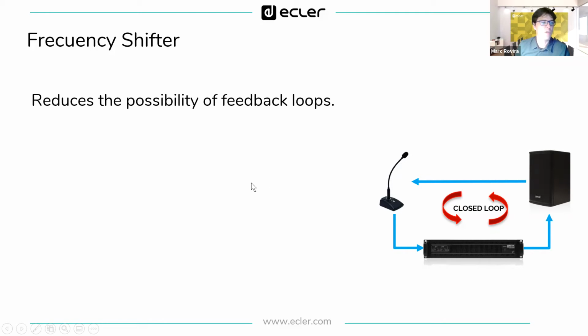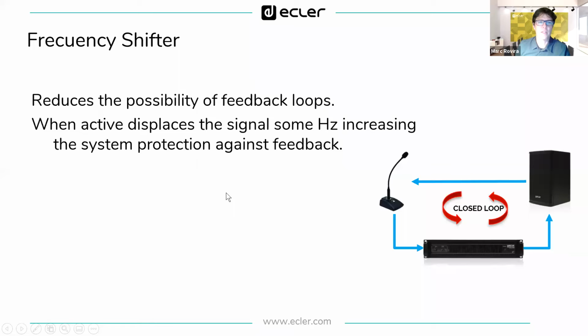So what's this tool about? This tool displaces the signal in frequency. So we break this loop, because what the loudspeaker reproduces is not exactly the same as it was.